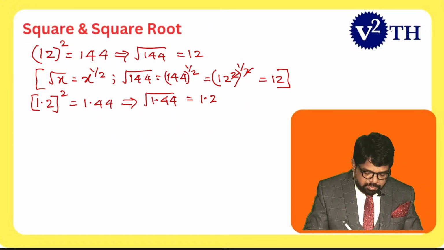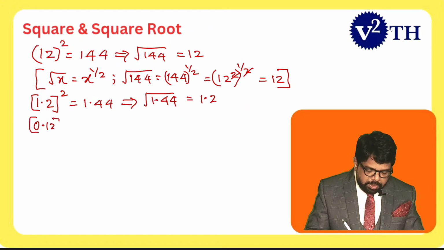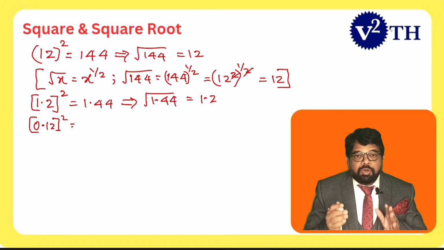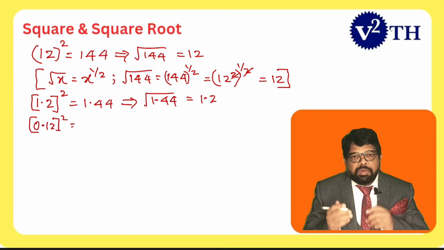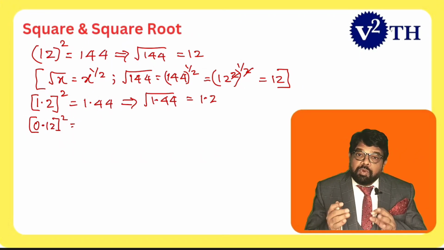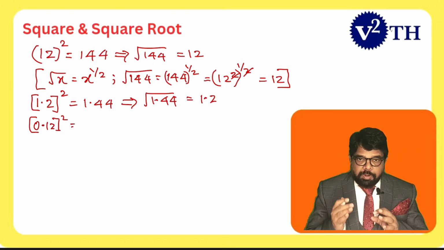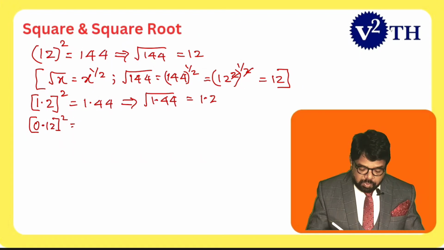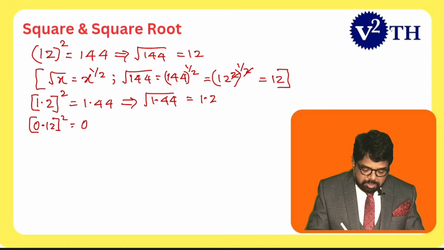Similarly, 0.12 whole square. What is the value of this? 0.12 into 0.12. After the decimal, a total of 4 digits are there. So 144 can be written, after decimal 4 digits, as 0.0144.